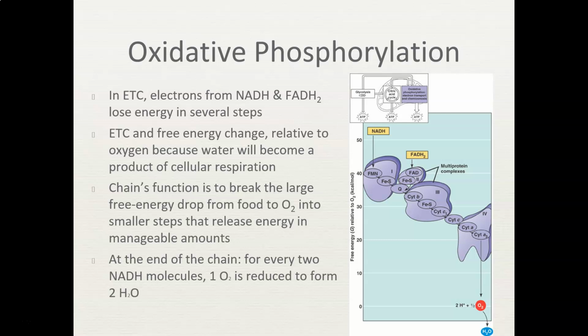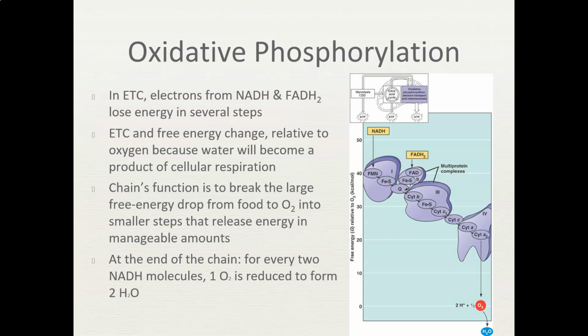Your electron transport chain is sitting here. It's a bunch of proteins embedded in the inner membrane of your mitochondria. And all of those cristae, all of those folds in the mitochondria, are huge for increasing surface area, which means we increase the efficiency of the transport that these proteins do for us.